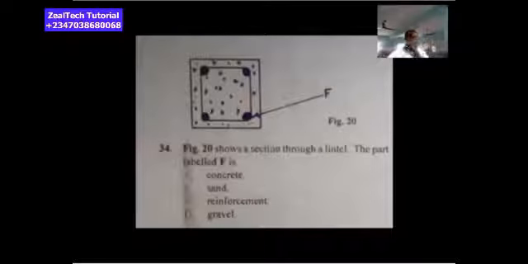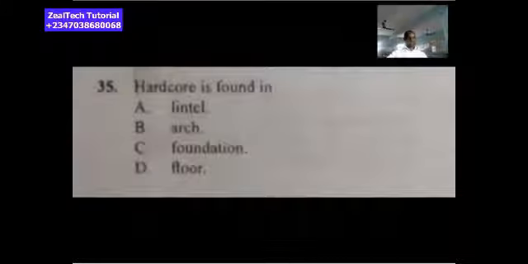You are required to identify that portion that is stained, these black spots. They are rods, tied around using wire, another lighter rod, to reinforce the concrete. The correct answer there is C.